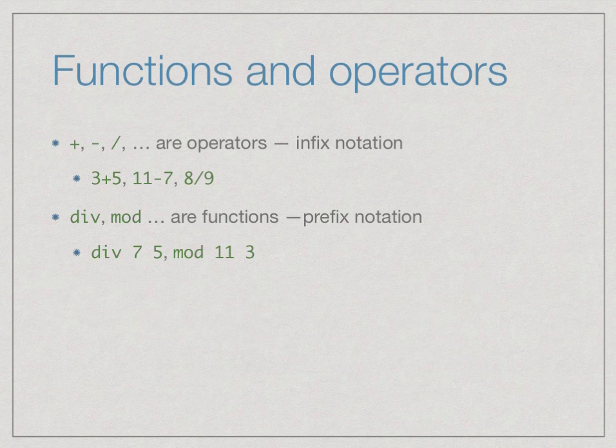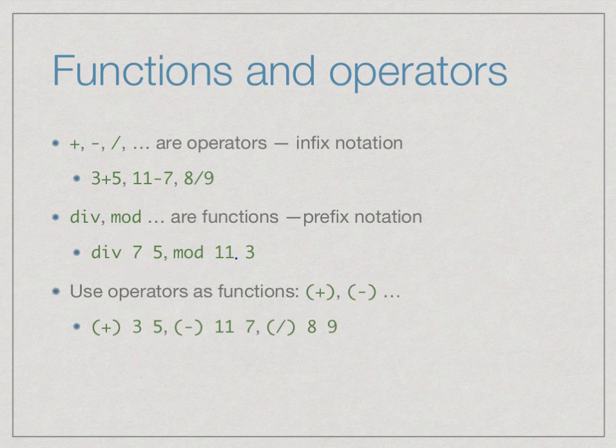On the other hand, we have seen functions which are predefined like div and mod, which are written as functions. In other words, you write the name of the function and then you write the arguments. This is what is called prefix notation, because the function comes before the arguments. Now, sometimes you may want to switch between these two notations or two views.